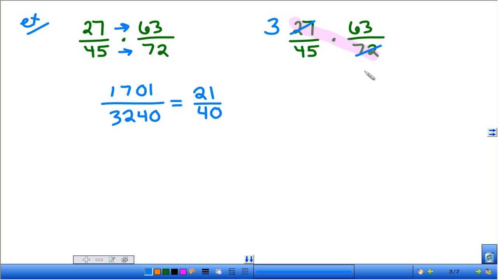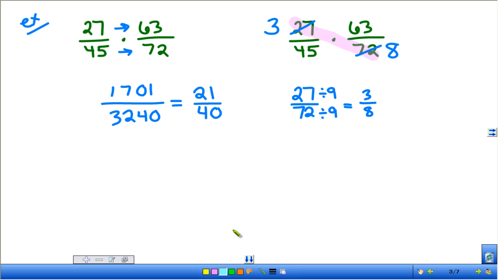How many times does 9 go into 72? 8 times. Okay, so all I did was take the fraction 27 over 72, and I divided both of them by 9, and I got 3/8. So I replaced the 27 with the 3, and I replaced the 72 with the 8. That's all I did, because these are equivalent, which means I can replace both of them, and I'm really still multiplying by the same thing.